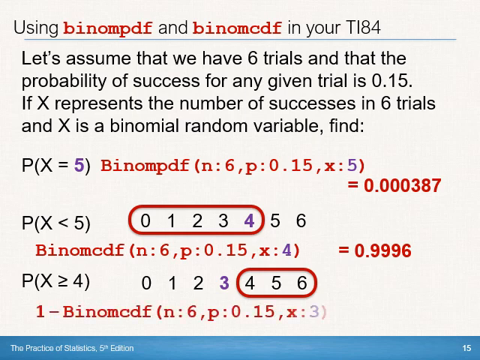So in this case, we need to do 1 minus binomcdf with a 3 in it, because the calculator is calculating this stuff, and all of them together have to add up to 1, so we can subtract from 1, but we need a 3 in there. Okay, so that's 1 minus 0.9941, or pretty small, 0.0059.